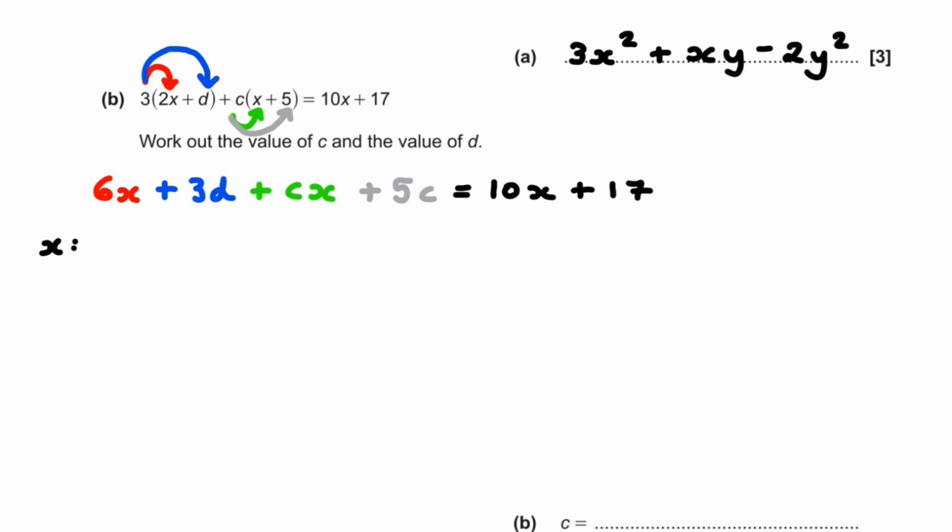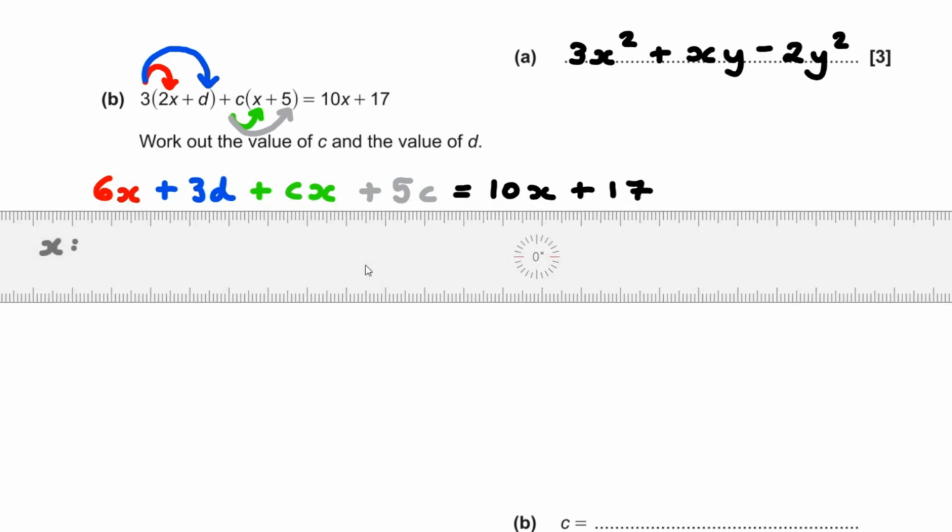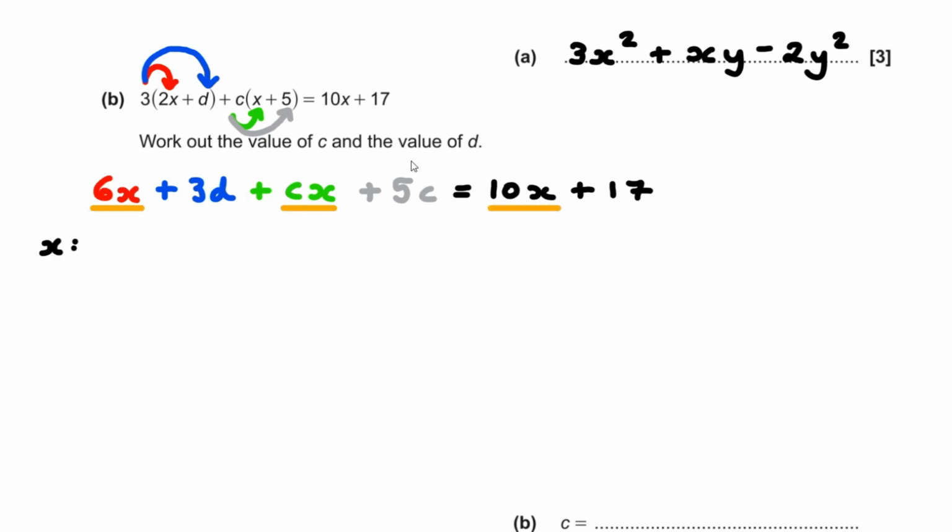Well, I've got the 6x, the cx, which is equal to 10x. So I've got 6 plus c equals 10, which means c is equal to 4.